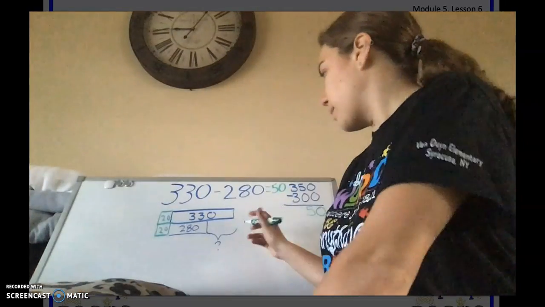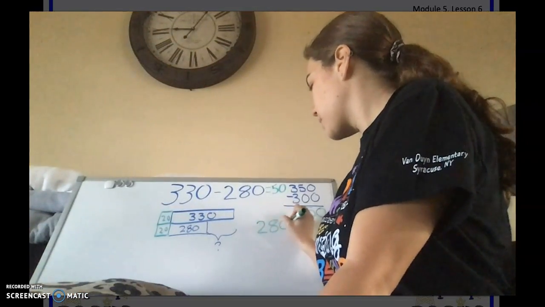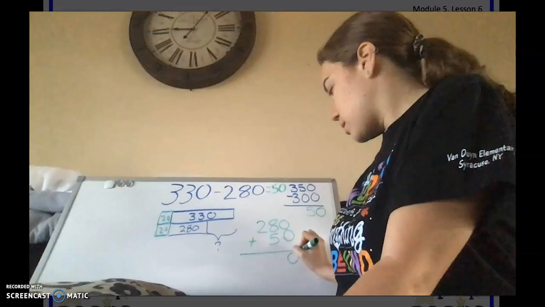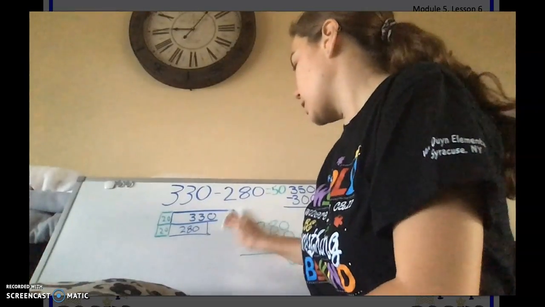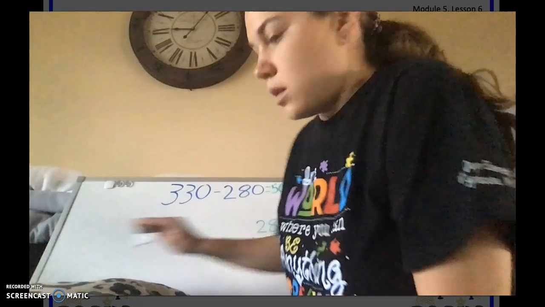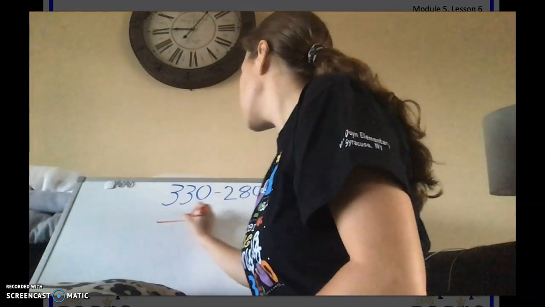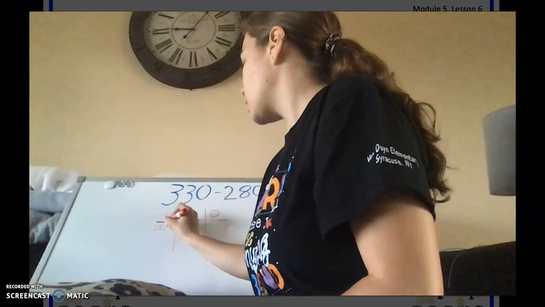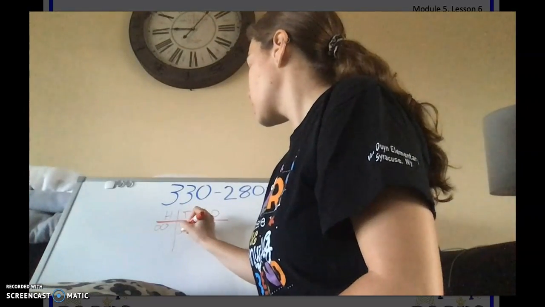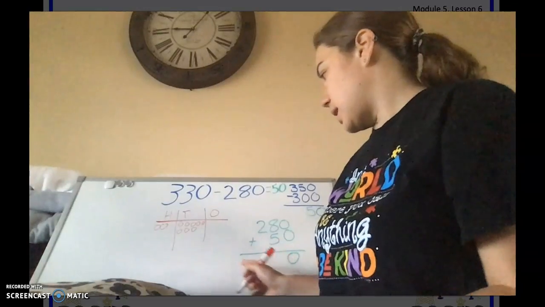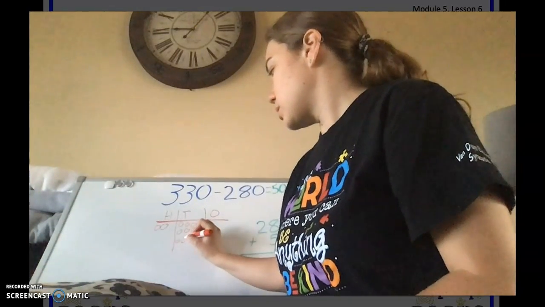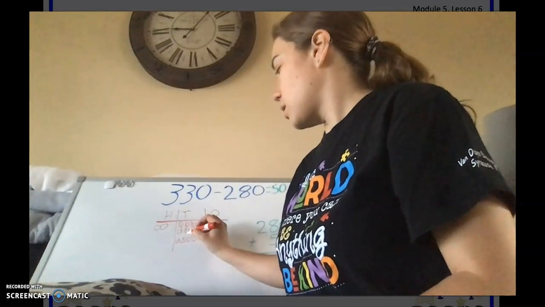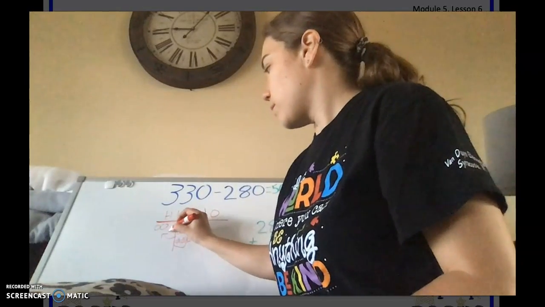And if you were to check your problem, you could do 280 plus 50, and if you had a place value chart, you have 200 and then you would have 80 and you have to add 5 more tens and then trade in your 10 tens for 100.